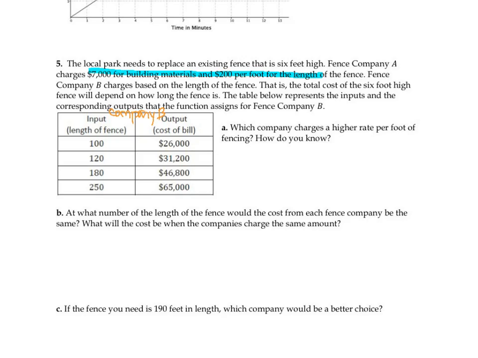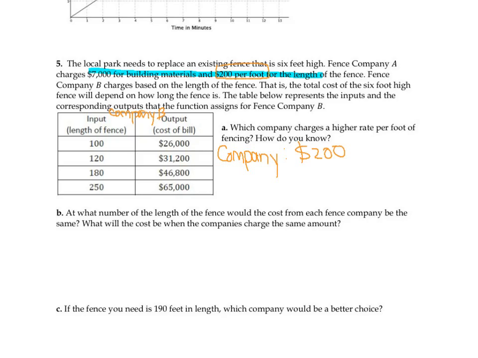It tells us that Company A charges $7,000 for building materials and $200 per foot for the length of the fence. That "per" automatically tells us that Company A has a rate of $200, because "per" accounts for the slope, and so does the rate. So rate, slope, and per all mean the same idea.